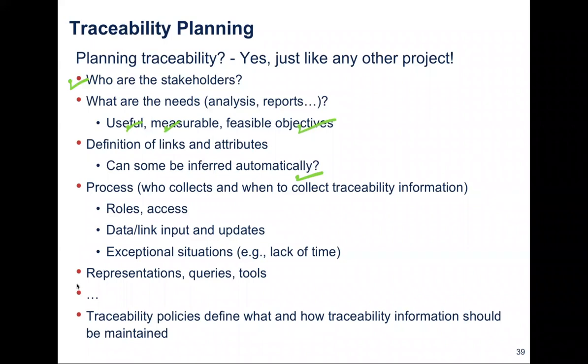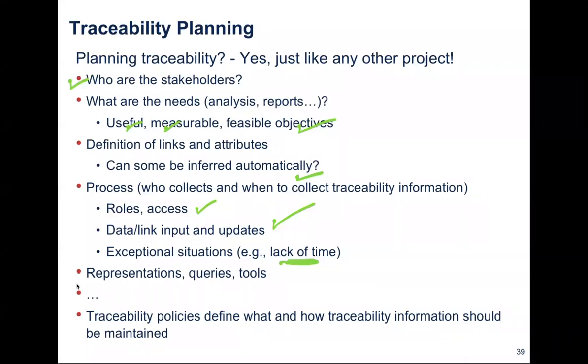Also, in addition to identifying stakeholders, the needs, and the link attributes, you need to identify who collects and when to collect traceability information, the entire process of traceability, including roles, access permissions, data links, input and updates, and exceptional situations related to time, as an example, a lack of time.